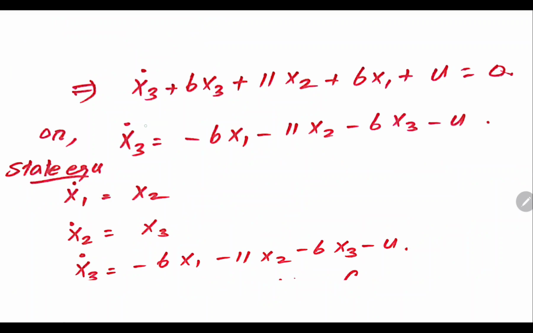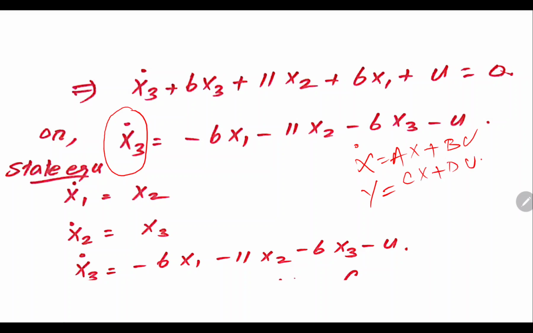Now as far as the state variable is concerned, we need x3 dot, because the state equations are formed like x dot is equal to A into x plus B into u, y is equal to C into x plus D into u. So we need to form x dot.